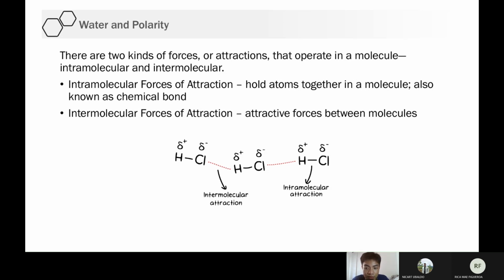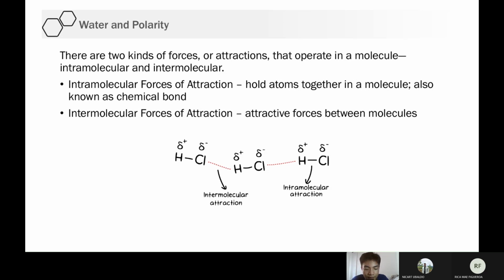Siya yung nagsasama-sama sa mga atoms para sila ay maging molecule. Ano yung mga example nun? Covalent bond, ionic bond, metallic bond. So ano uli ginagawa nila? They combine the atoms to create molecules. Okay, so ito yung strong type of bond, and we also call this a chemical bond.